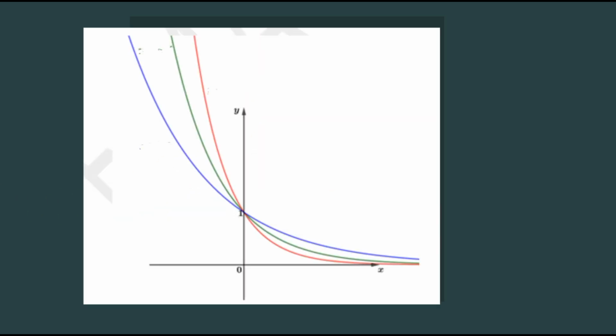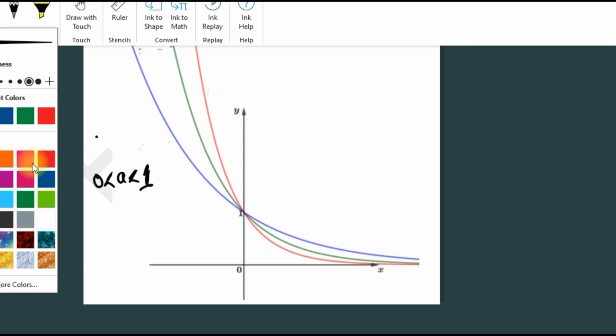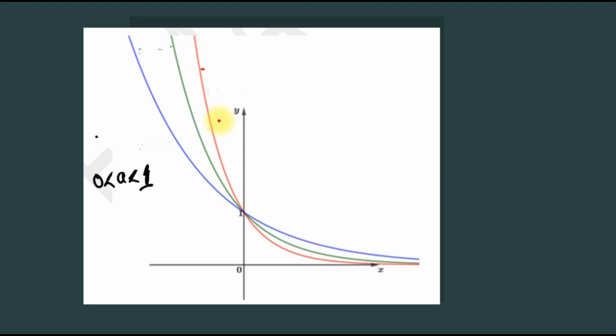Coming to the second one, remember, this is the graph. The base is always between 0 and 1. Again, the one closer to the y-axis, let's call it y equals a1 raised to power x.